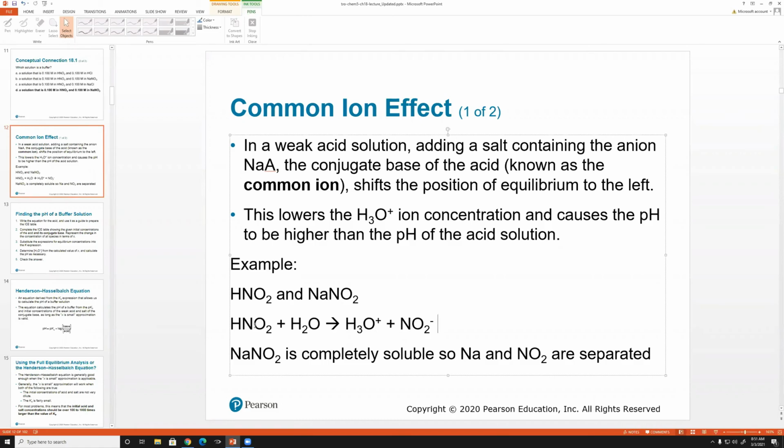It really takes precedence in precipitation reactions, where we have a precipitate on one side and the aqueous on the other side. If you add more of the aqueous ion, more precipitate will form, and you direct the direction of precipitation.